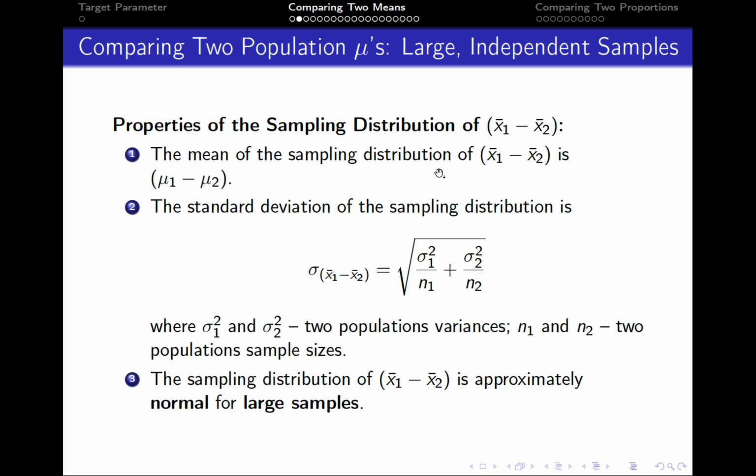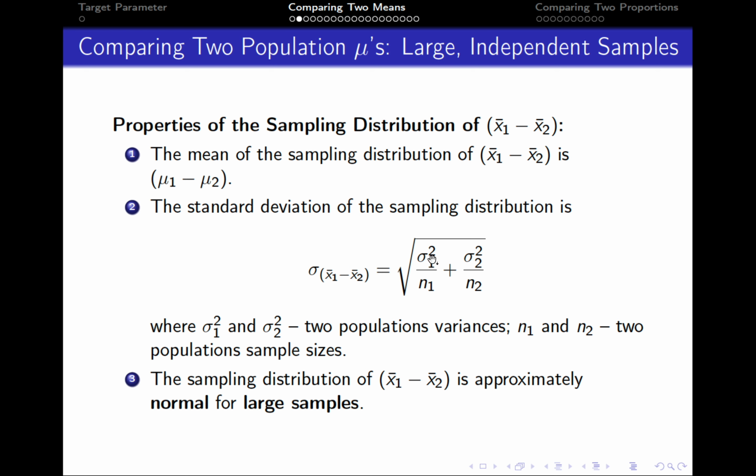So the mean of the sampling distribution, x1 minus x2, is equal to the difference of the means of the two populations. And as for the standard deviation, it is calculated in the following way.